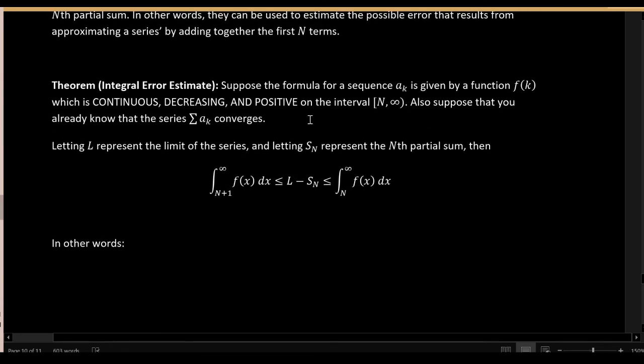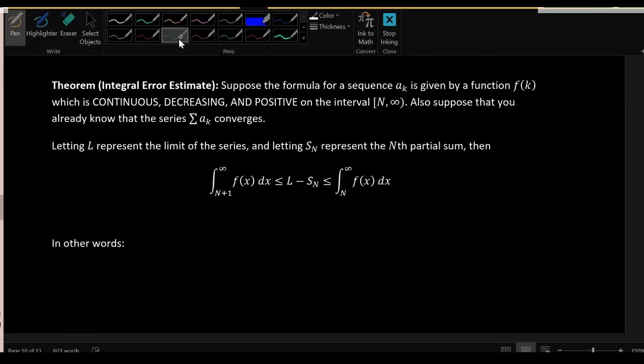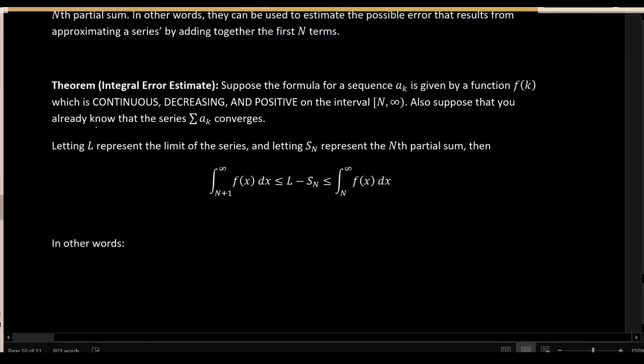So suppose we have a sequence, a sub k, and we have a formula for that sequence. Let's call it the function f. And let's again suppose that this function is continuous, decreasing, and positive from some number n up to infinity. Now also suppose that in this context, you already know some way that the associated series converges.